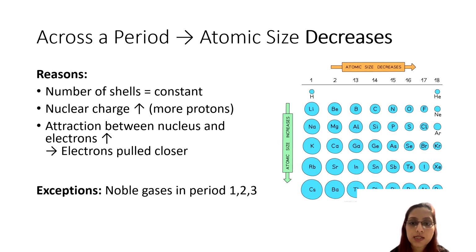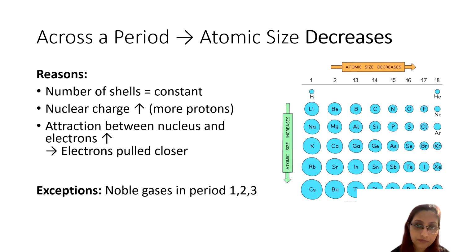So sodium is at the left, group 1, and if we take the example of chlorine in the same period 3, chlorine will be at the rightmost corner, and its atomic number is 17, so its electronic configuration would be 1s2, 2s2, 2p6, 10, and 3s2, 3p5. So 17 electrons are there in chlorine.